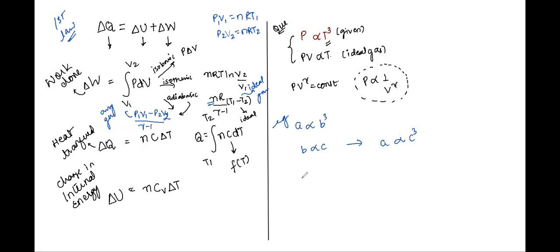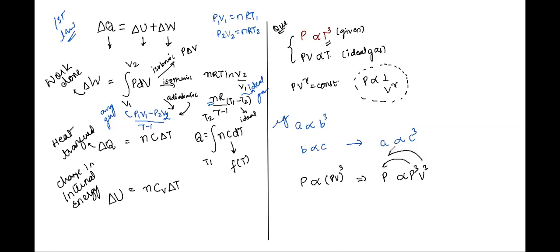P is proportional to PV the whole cube. Can we write this expression as P proportional to P cube V cube, Karuna? Now, can we take both of the variables on the other side?